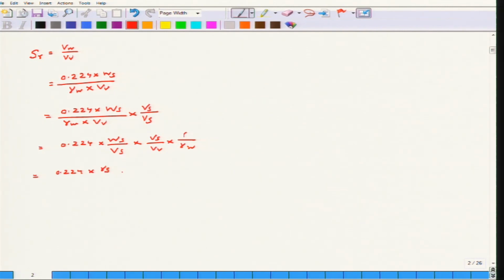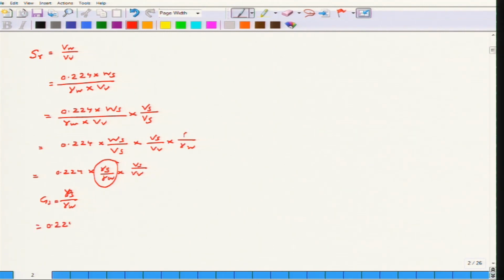So, we get gamma S by gamma W into Vs by Vv. Now, we all know again that gamma S by gamma W is nothing but actually the specific gravity of soil solids, because Gs can be written as gamma S by gamma W.